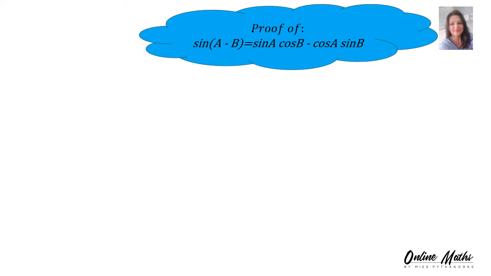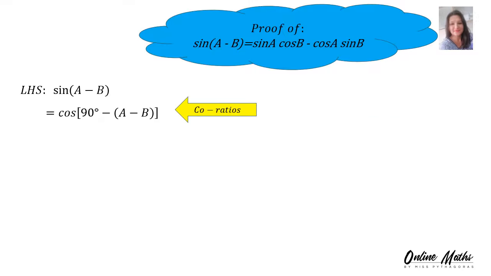Now I'm going to show you the proof of sin A minus B. So we start on the left hand side. Sin A minus B is the same as cos 90 minus A minus B. Again, that is a co-ratio.